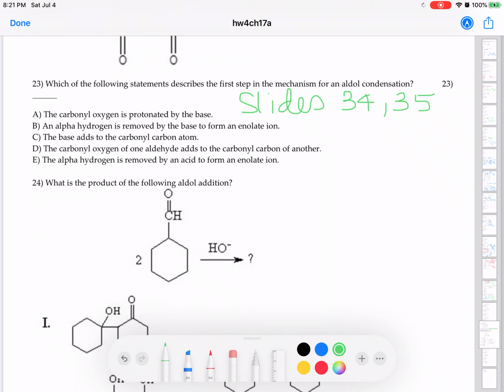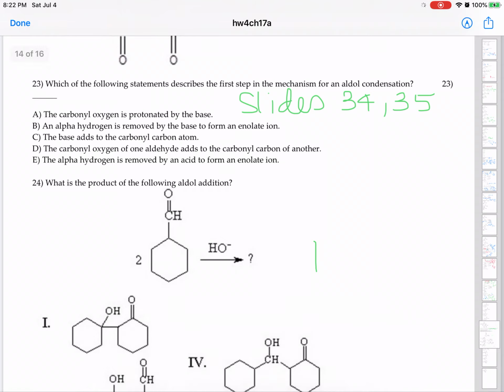No, it's not the oxygen that is adding from one of the aldehydes. It's the carbanion or the enolate anion. The enolate anion is what's going to add to the carbonyl carbon of the other one, not the oxygen. So D is wrong. E: alpha hydrogen is removed by an acid to form an enolate ion. Alpha hydrogen is acidic, and can an acid remove another acid? No, it should be the base. So the correct answer is going to be B.